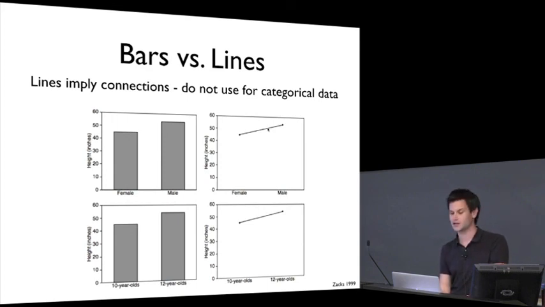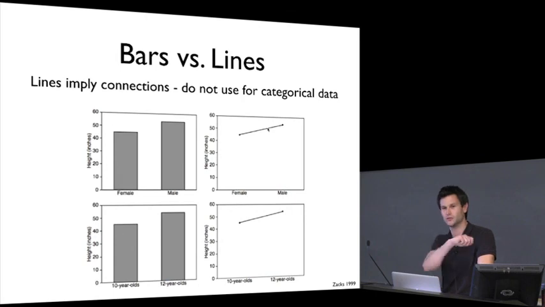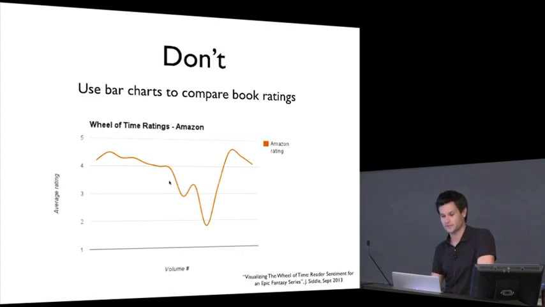A line chart is only valid if you have a continuous axis. If you have categorical data, don't use a line chart. Don't connect your apples, bananas, oranges, or whatever with lines. Just use bars. The same is true for females and males.